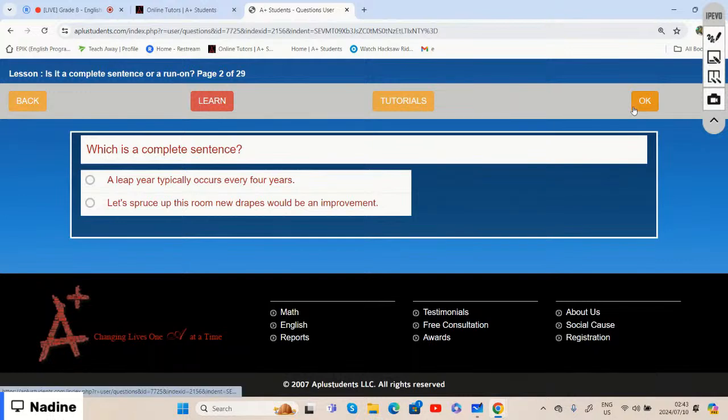All right, then if we were to select the complete sentence, we would choose option one, which says a leap year typically occurs every 4 years.